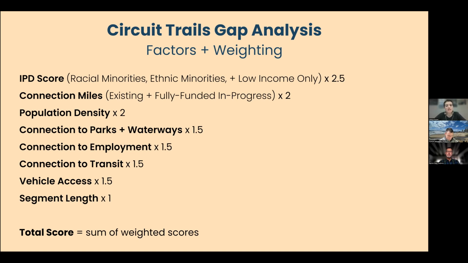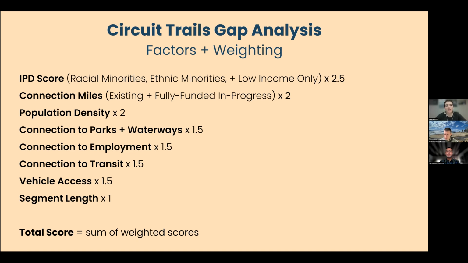We used 8 different factors that we decided on via an iterative process within PEC and with some guidance from the Circuit Trails Steering Committee. These 8 factors are combined to make up the total score of each of the segments. And each of these factors is weighted differently depending on the importance that we felt it played in creating an equitable network.